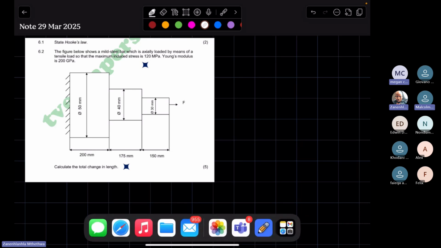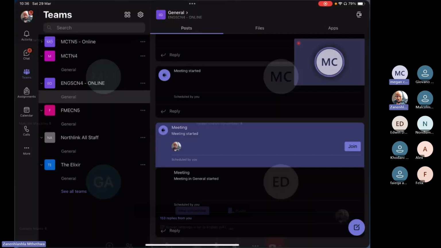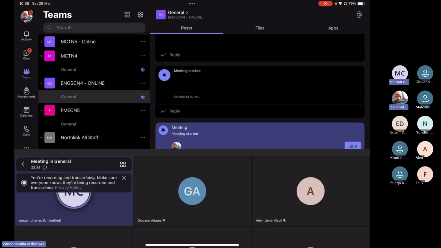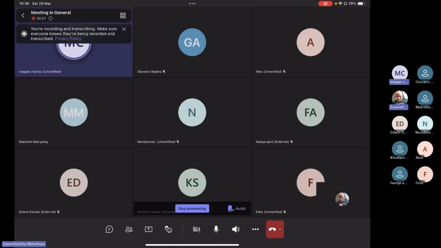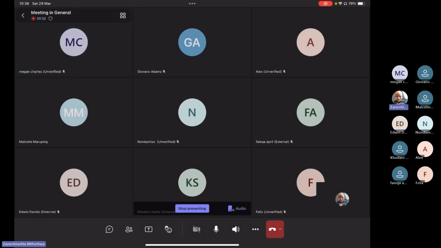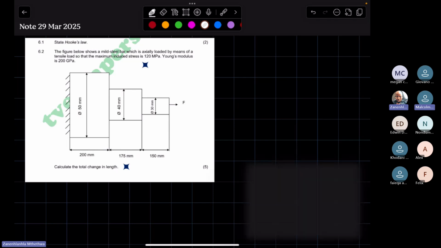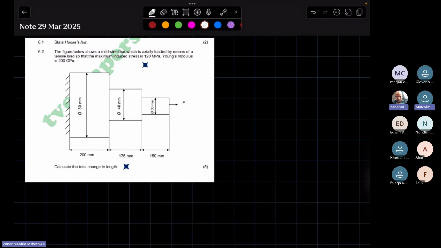Sir, can I ask you something? Is Young's modulus measured in pascals also? Yes. Because I've seen it measured in gigapascals.